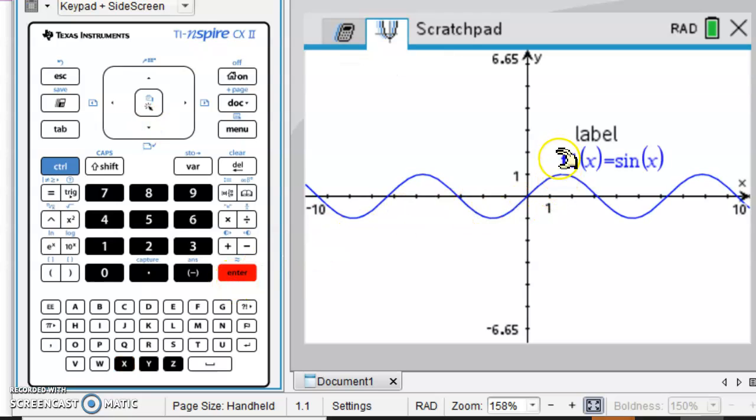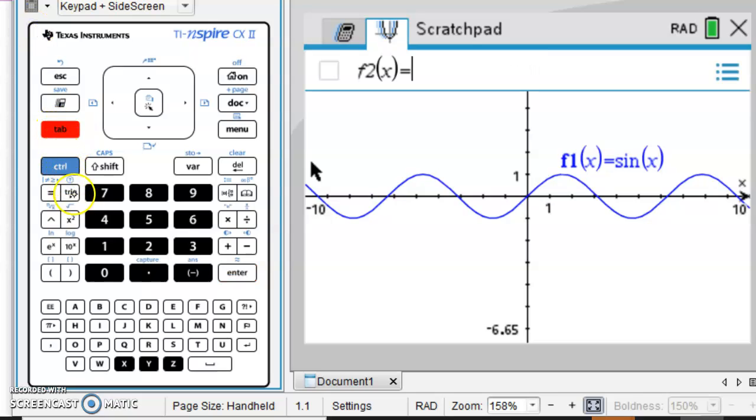My calculator knows it as f1 of x, but on our paper we know it as f of x. Hit tab for the next one. I'm going to do f2 of x. That's going to be my g of x value of negative sine of x minus pi over 6.